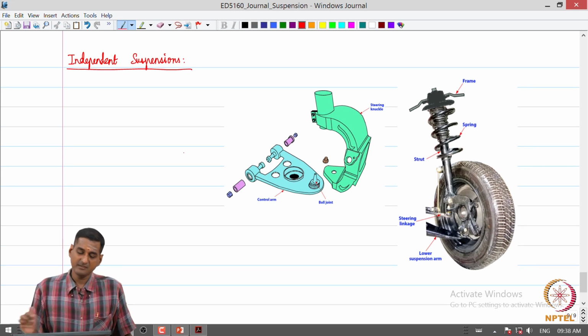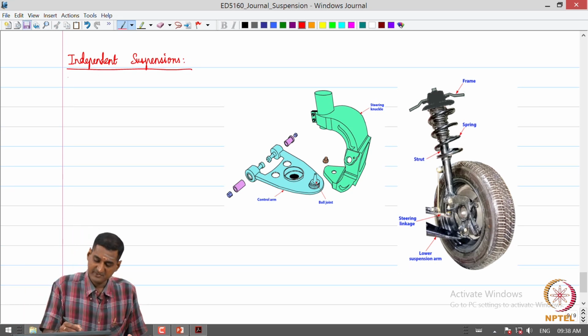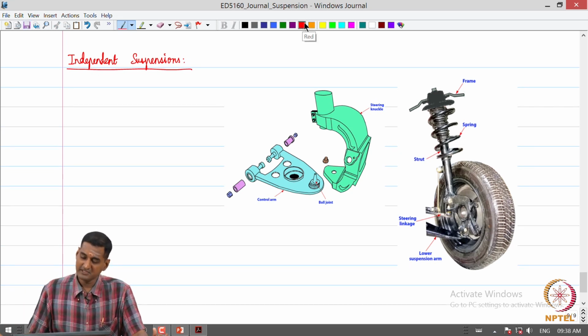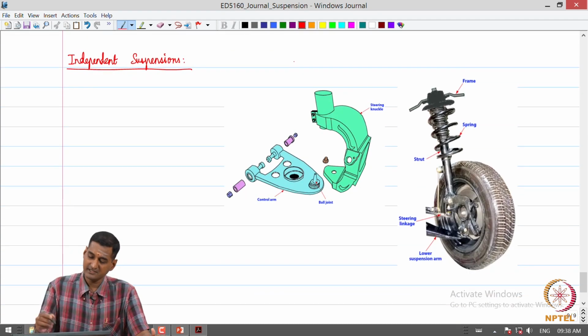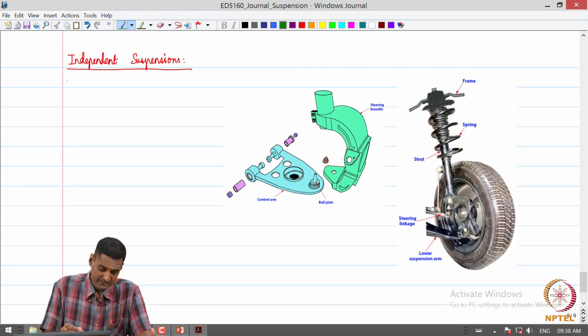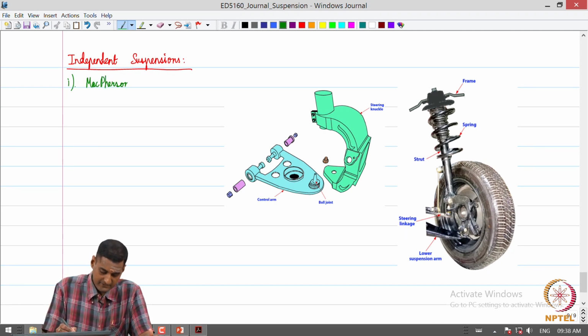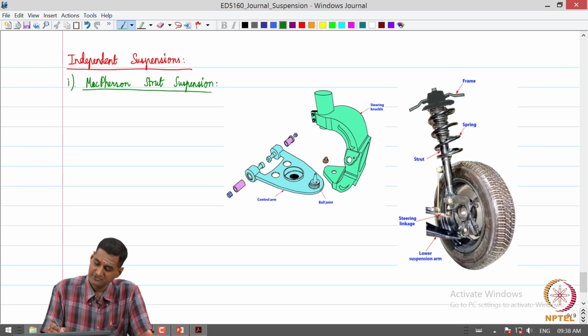So, what is this McPherson strut suspension? It is a very popular independent suspension. It is used in small cars. So, let us identify how it is constituted and what are its features.